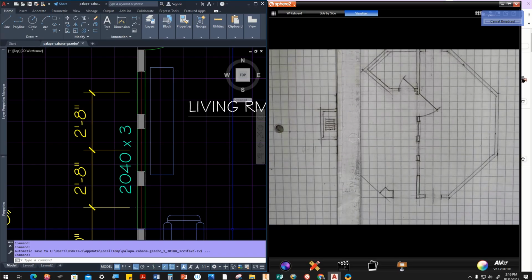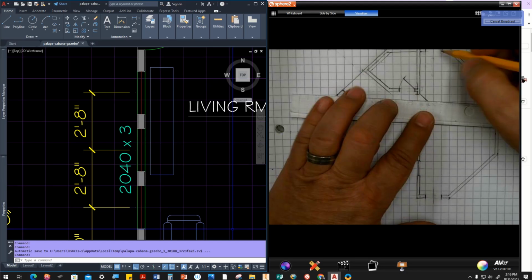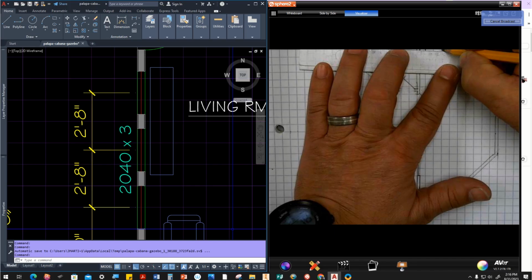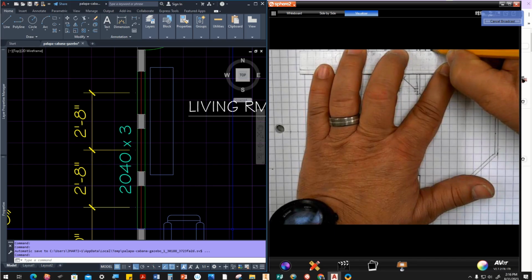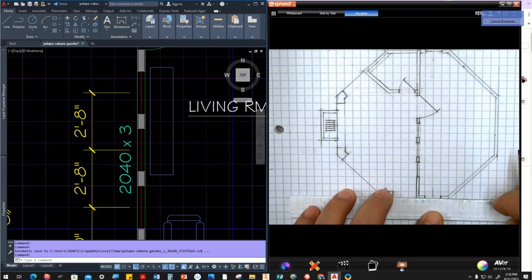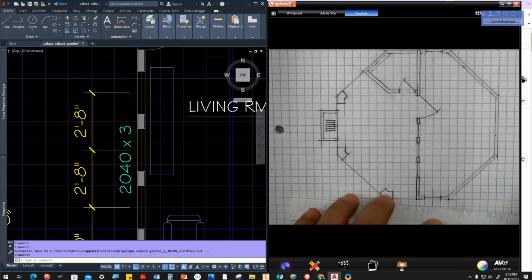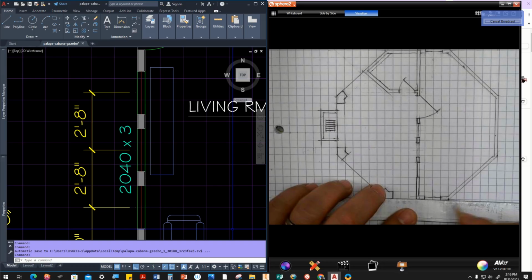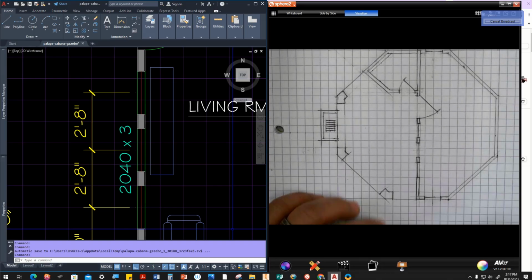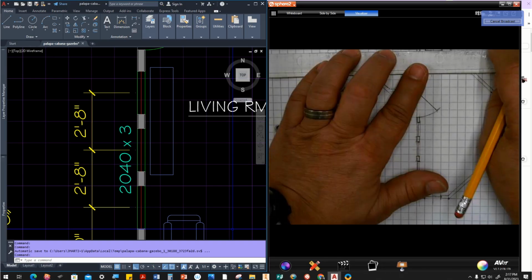And you have two more windows at the kitchen and at the desk area. So one heavy line in the middle, parallel, and soft lines on the side.